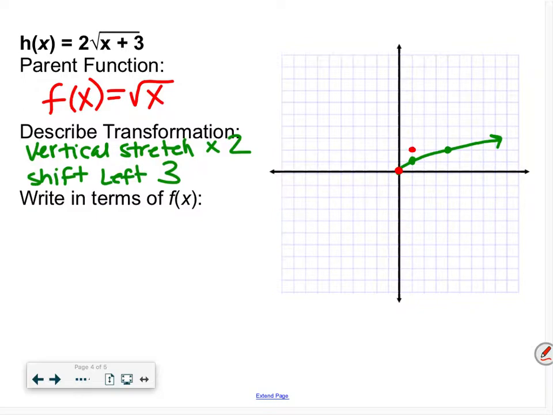This y value is 2, so it would stretch to 4. Then we have that shift left 3. So then you would take those coordinates and shift them left 3. Okay, and in blue, that's our final answer.